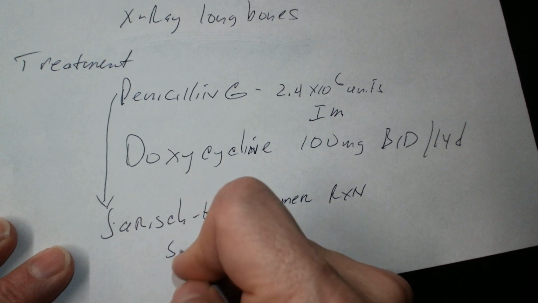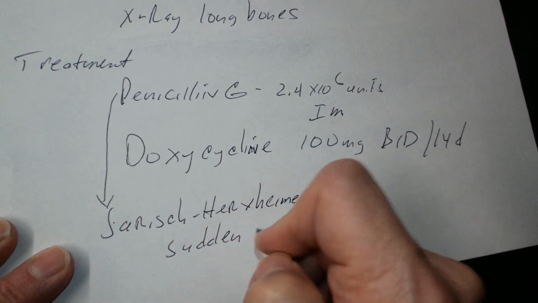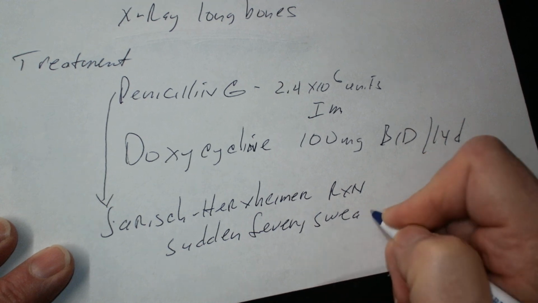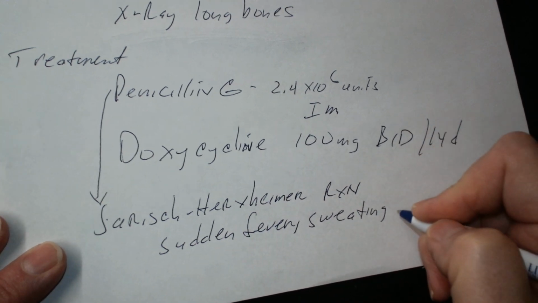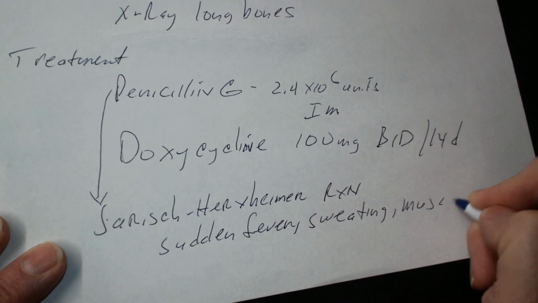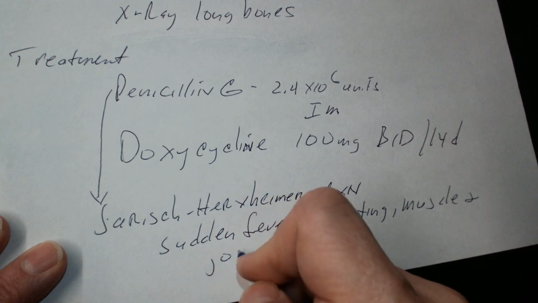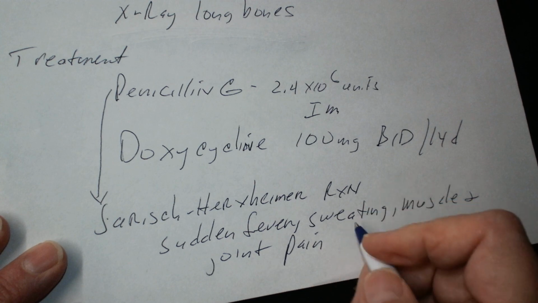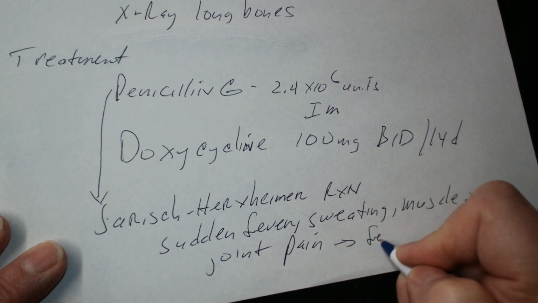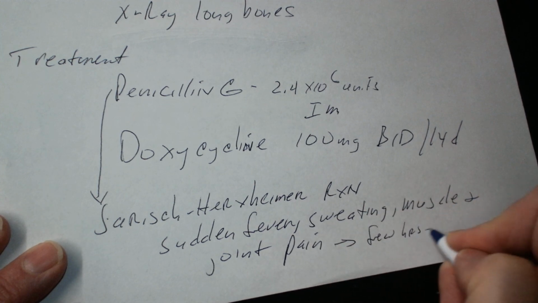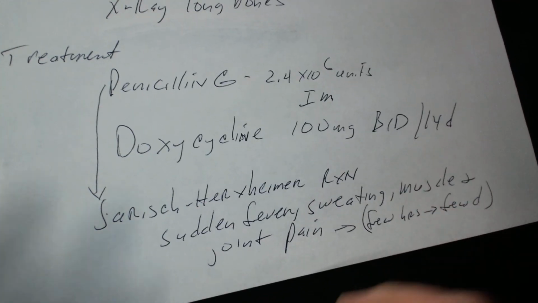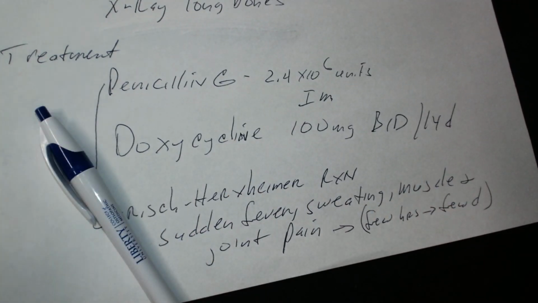If that happens, you'll get a sudden fever, sweating, and then muscle and joint pain. May last a few hours to a few days. Really varies from person to person.